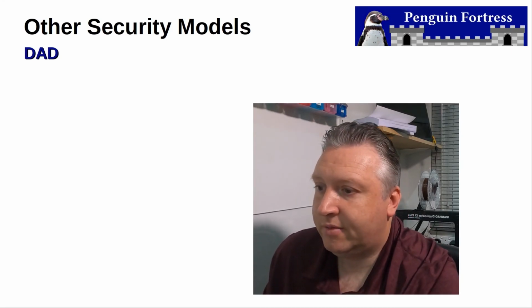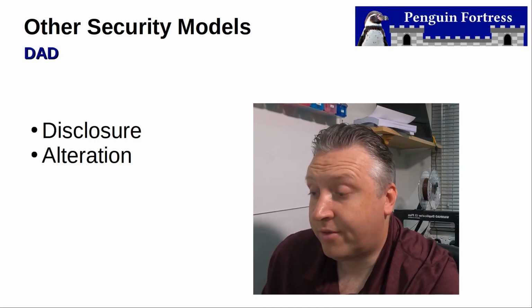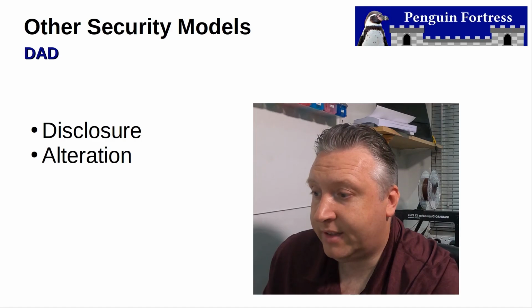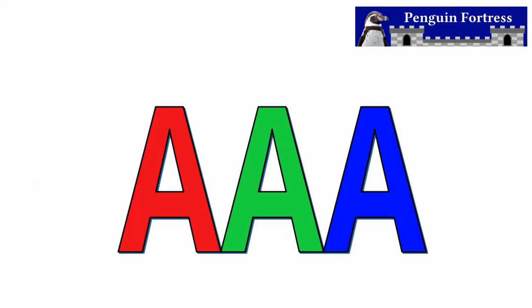These are D for disclosure, A for alteration, and then D for destruction. And then we can also look at some other models. The AAA model is an important one which I'll be covering in a future video, which looks at authorization and authentication.